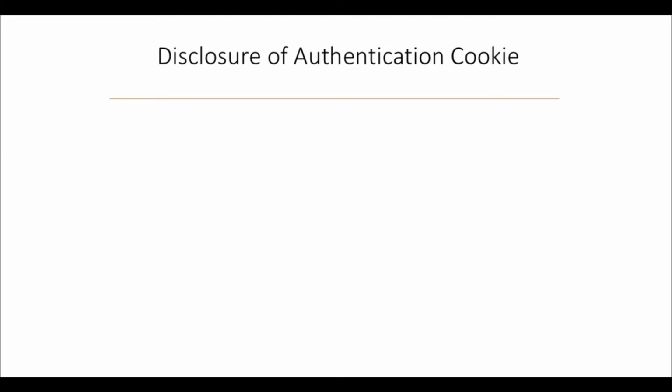Now I'm gonna discuss bug number 4 from our list, disclosure of authentication cookie. As you already know, the authentication cookie is actually the cookie with session ID. We have already played with this cookie in one of the previous videos.